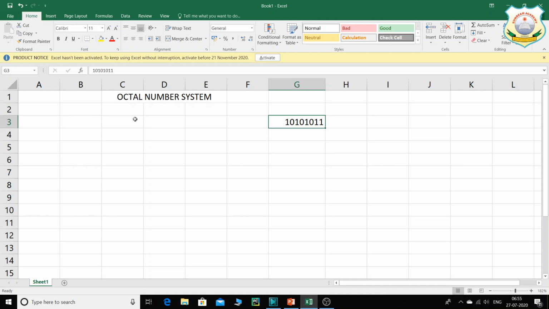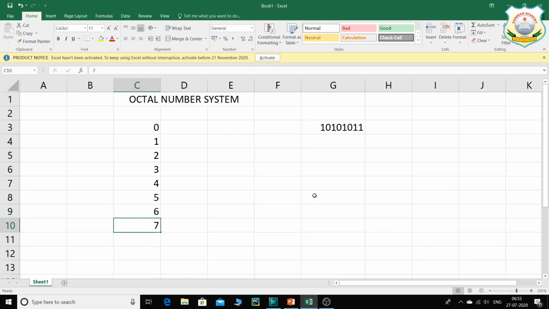Okay, so octal, as I said, has 8 symbols: 0, 1, and so on till 7. So 0 to 7 is the octal number system. What does this mean? It means I cannot have just any number in an octal number system. For example, can I have the number 578 and say that this is an octal number?